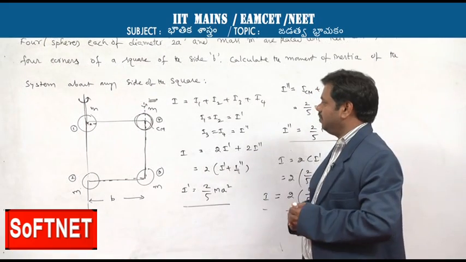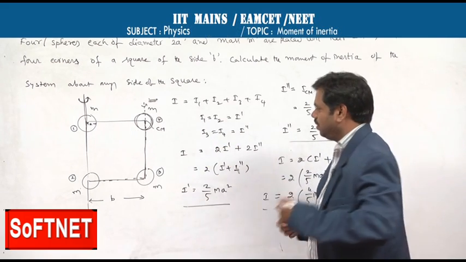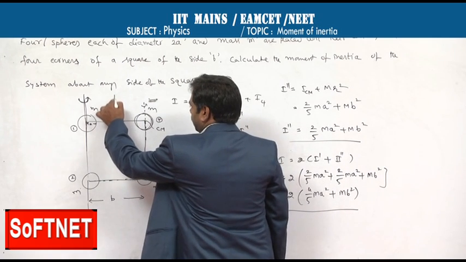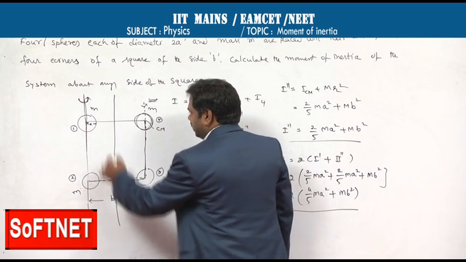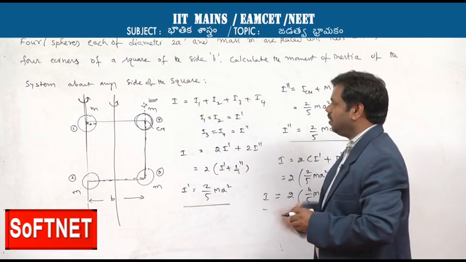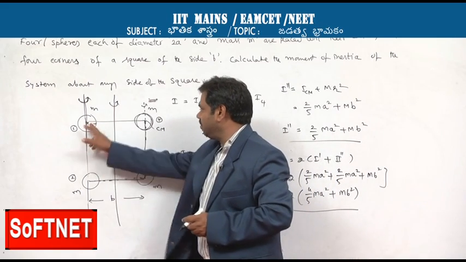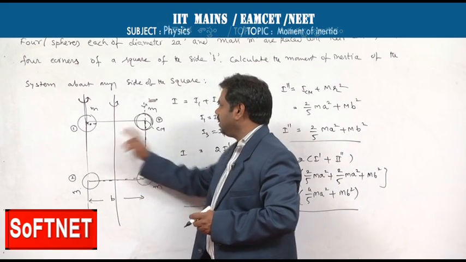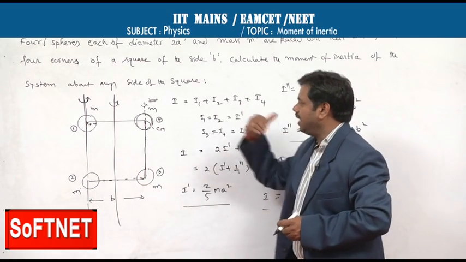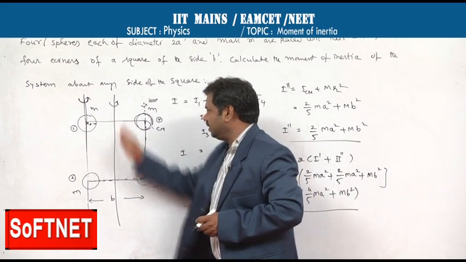In the same problem, we can choose a different kind of axis also. How? You try yourself as homework. Then what is the moment of inertia of the same system about this axis? At that time, how to do it? Just now we explained about this axis. Again we have 4 particles, I1 plus I2 plus I3 plus I4, in the same way, and find out the moment of inertia of each body with respect to this axis.